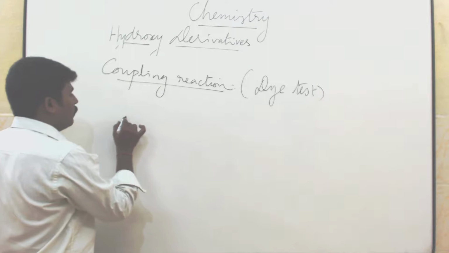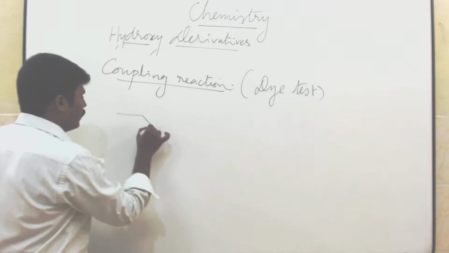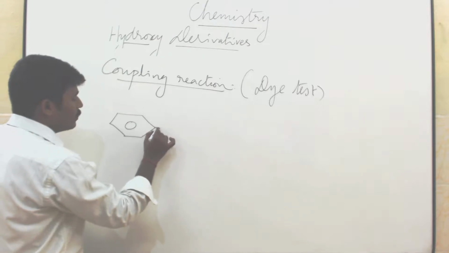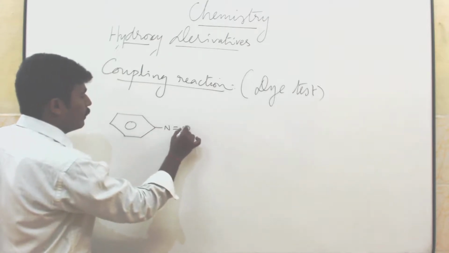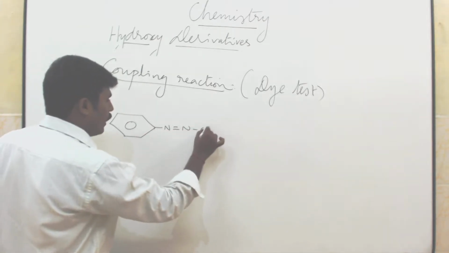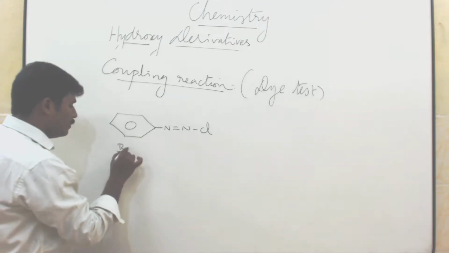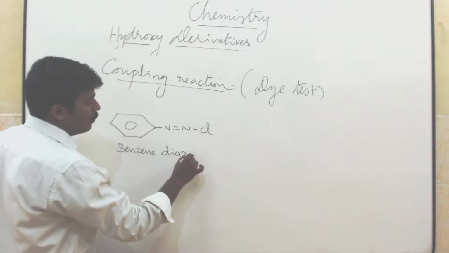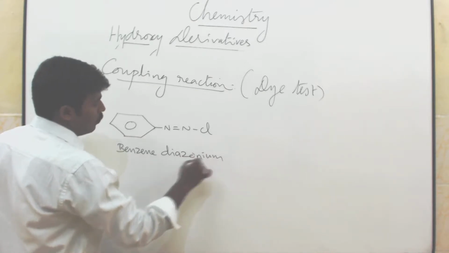Benzene diazonium chloride means, see, this is a benzene ring. See how I am drawing the benzene ring: diazo, N double bond N, diazo, chloride, named as benzene diazonium chloride.